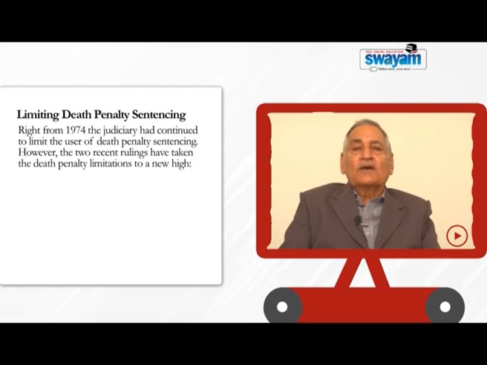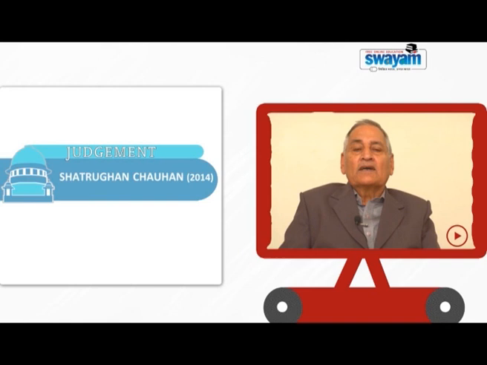The 2 rulings are Shatrughan Chauhan, 2014, 3 Supreme Court Cases, page 1, a 5-judge bench decision of the Supreme Court, in which 15 petitions were filed by people who had been awarded the death sentence, and in all 15 their mercy petitions had been rejected.